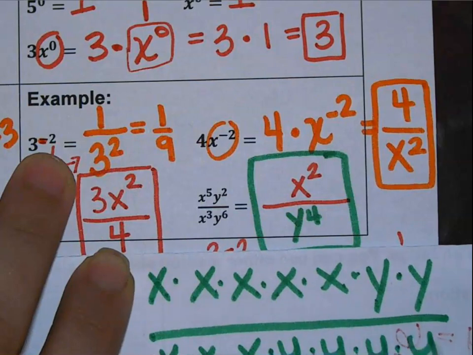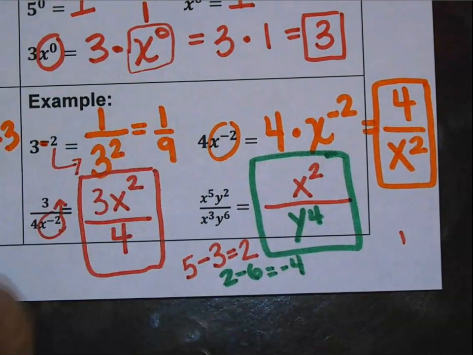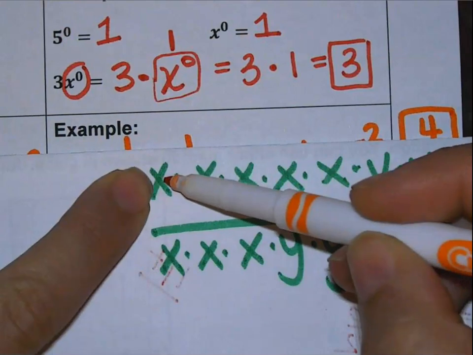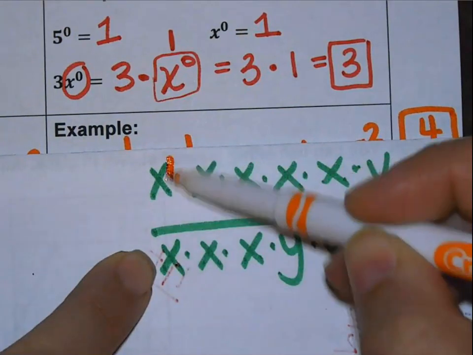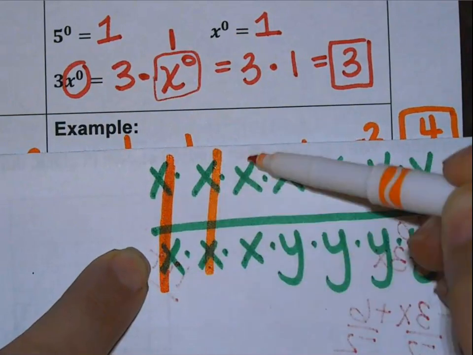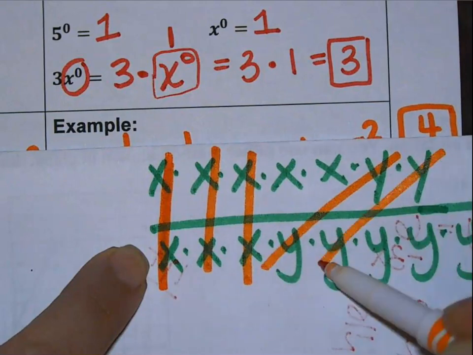This would take forever if we had to write out every problem. That is why we learn these rules here. So when you have the same thing in the numerator and the denominator, it gets crossed out because it makes 1. This makes 1, this makes 1, this makes 1, this makes 1, and this makes 1.